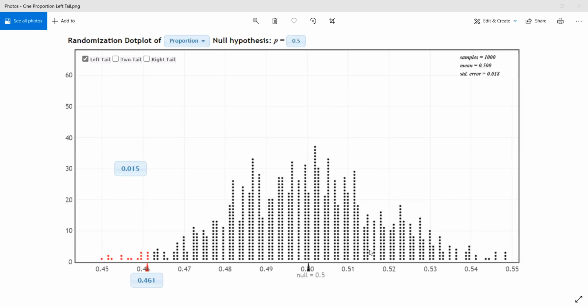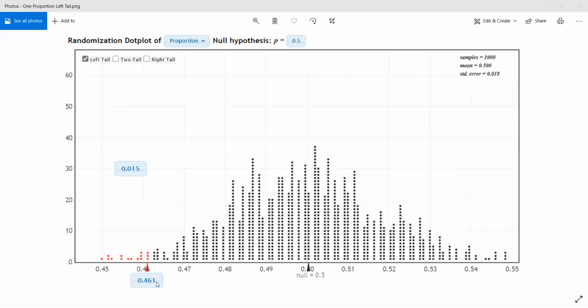If we reject the null hypothesis, but the null hypothesis is true, the probability of that happening or something more extreme is 1.5%. That's pretty small, right? That's a small probability of that happening. That is, to get a sample with a sample proportion of 0.461 when the population has a proportion of 0.5.